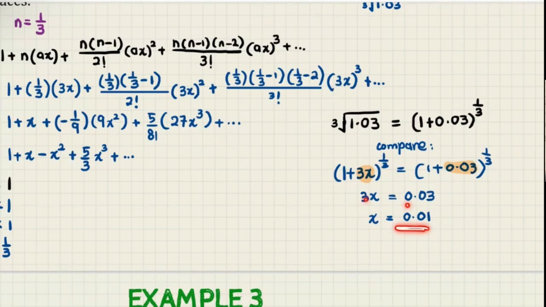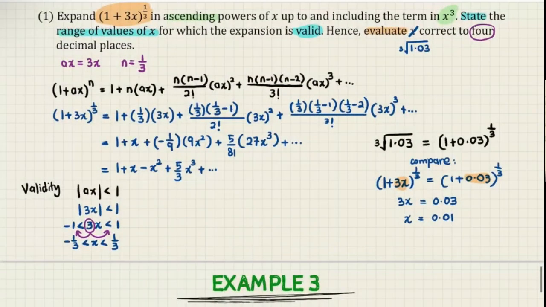And then, kalau kamu nampak, 0.01 is between negative 1/3 until 1/3. So adakah x ini valid untuk kita gunakan this expansion? Yes. Sebabnya dia berada dalam this range.